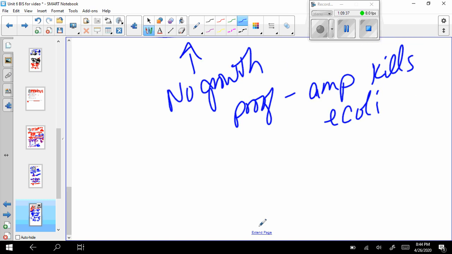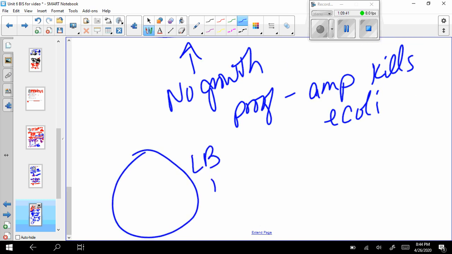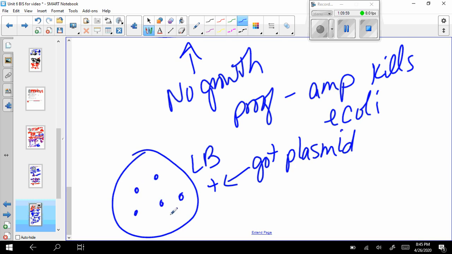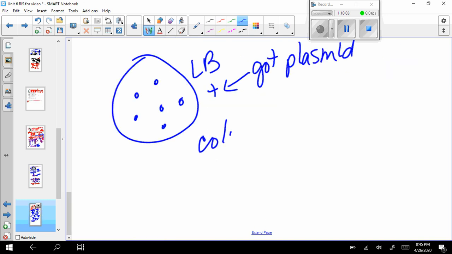All right, then we want to show our pluses. So here's Luria broth plus. Plus means that it got the plasmid. And again, it was exposed to the plasmid. We cannot make it take in the plasmid, but we exposed our E. coli to the plasmid. And so if they got the plasmid, we expect to see growth. And we did not see a lawn, we saw colonies.